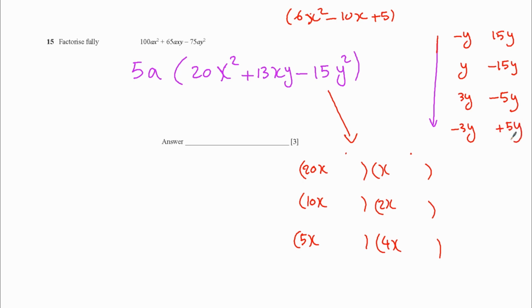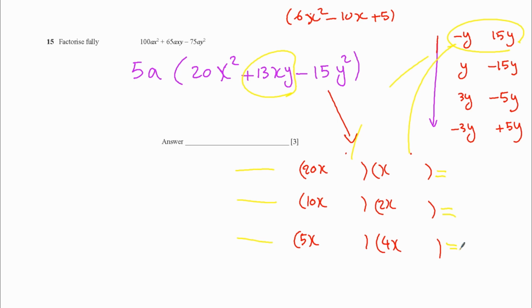Now, what we need to do, one by one, is check these pairs into here. If we expand these two, we need 13xy to appear when we expand. This is not a very straightforward and easy job to do.